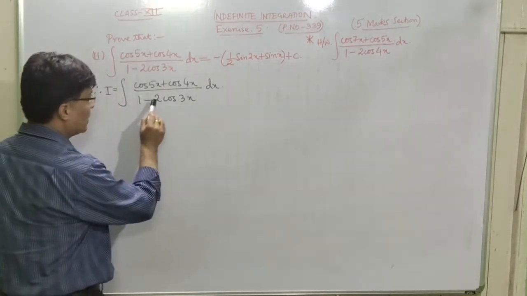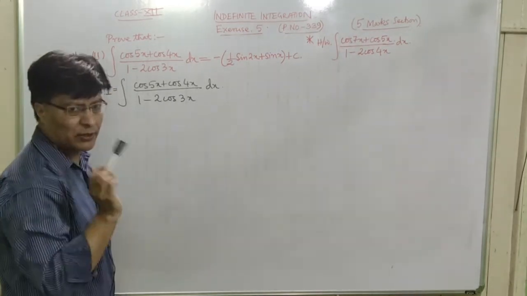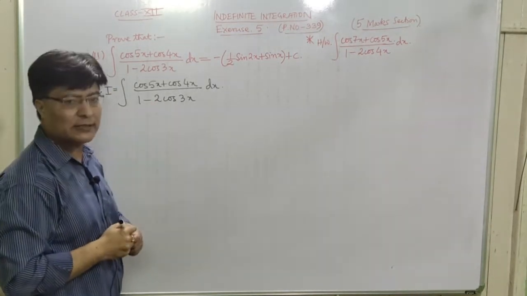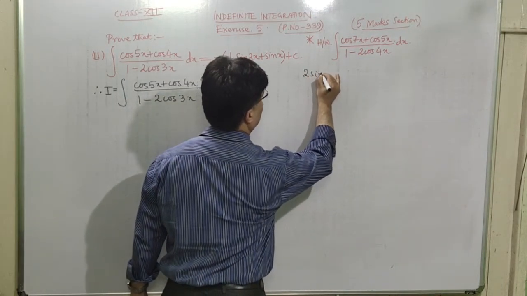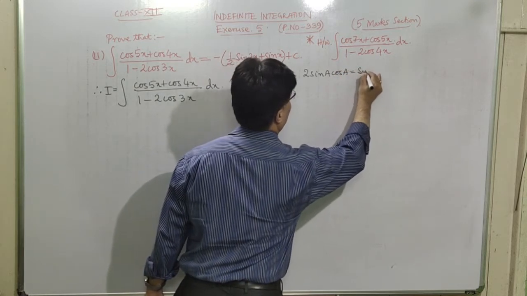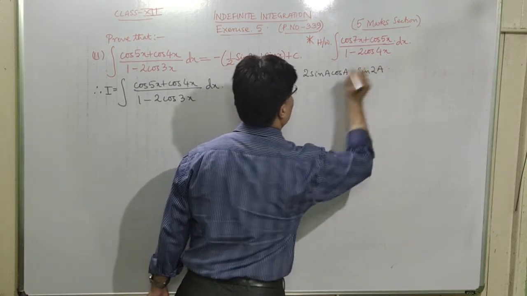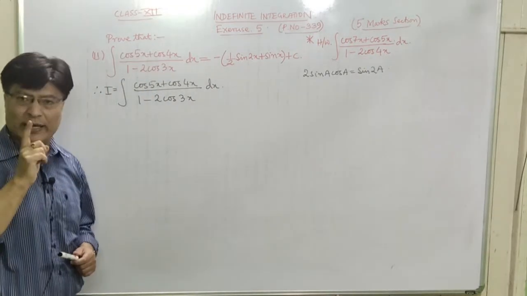If it is 2 cos 3x, and you multiply it by sin 3x, it will be the 2 sin a cos a form, which is equal to sin 2a. You know this formula, isn't it? Right? 2 sin a cos a is sin 2a.